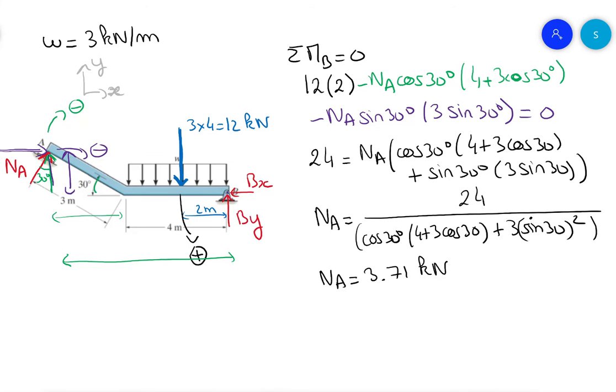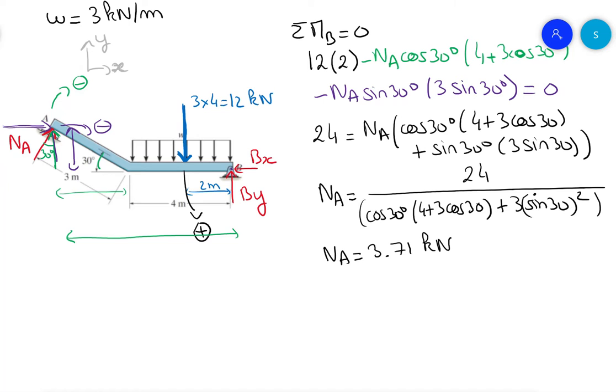And we have to solve now for BX and BY. Let's do BX first because there's just NA. So we have sum of the forces on X is equal to 0. So we have NA sine 30 at the purple component minus BX that we guess will go to the left, but we know it was going to the left.